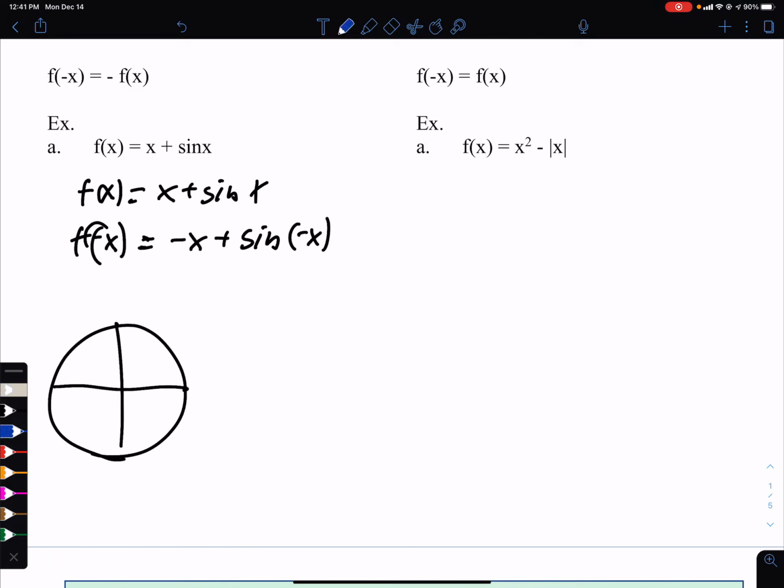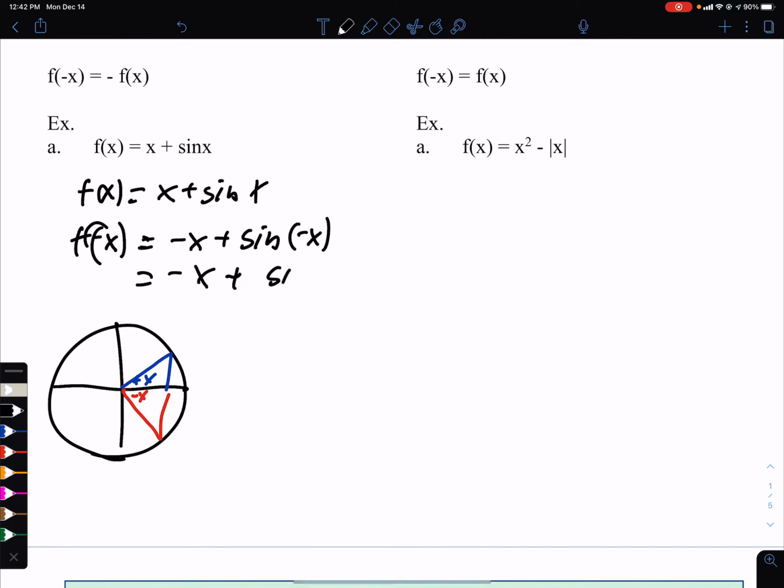So if I pick an angle, x, what does the sine of minus x look like? Minus x is going to be down here. If that's plus x as far as an angle is concerned, here you get y. But if you use minus x, you get minus y. So if I use a negative angle, my sine switches signs.